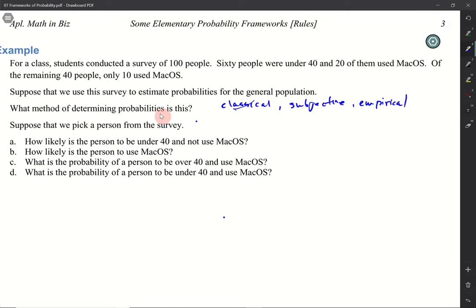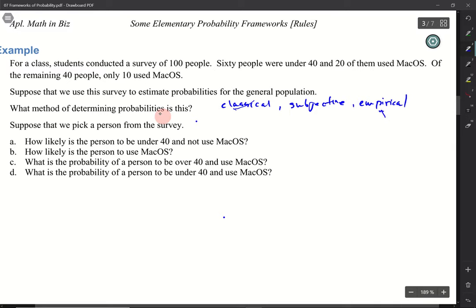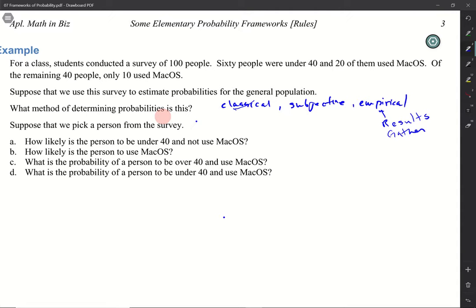What does empirical mean? Right, empirical means that you gather results. In order to gather results, what do you have to do? You have to do something, right? Results mean that you did something and then you gather the results.